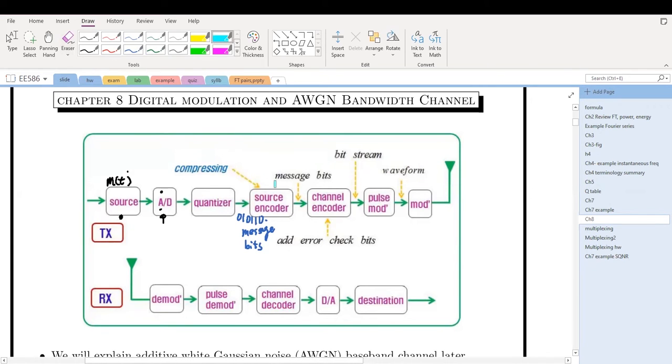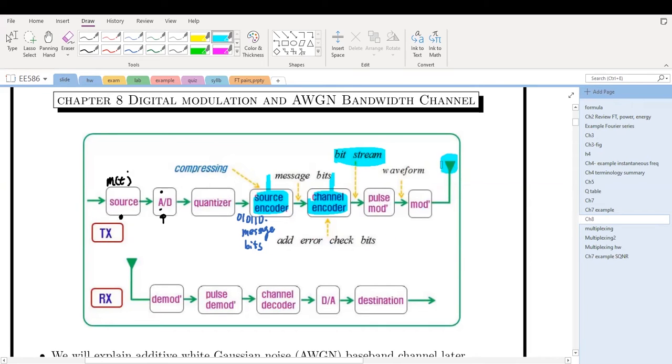In practical digital communication systems, we have a source encoder and also a channel encoder, but this is a separate course and we do not discuss it in our course. Now this is a bit stream, the message bits here.